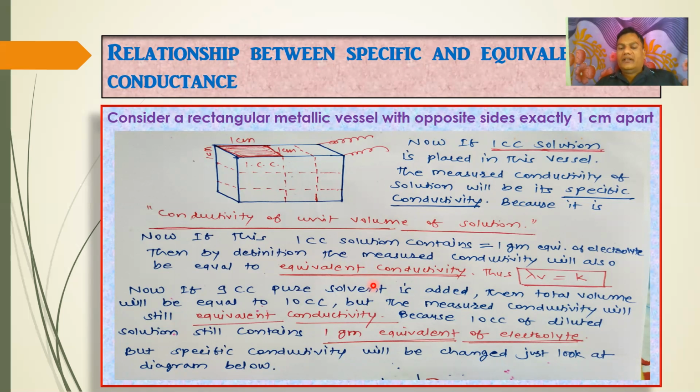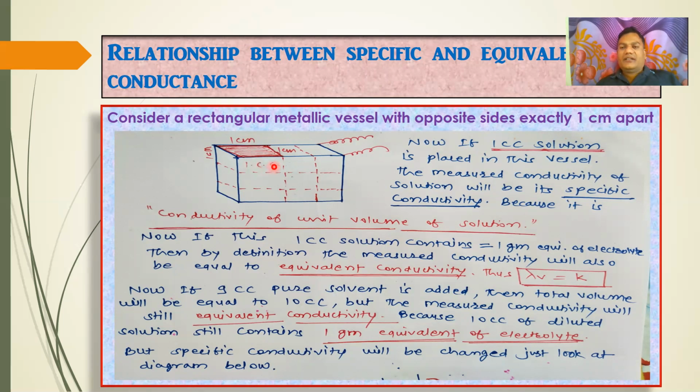Because in the last slide we described equivalent conductance, that is, the conductance of solution in which 1 gram equivalent of electrolyte is dissolved. जर का या 1 cc सोल्युशन मध्ये 1 ग्रॅम इक्विव्हॅलंट इलेक्ट्रोलाइट डिझॉल्व्ह झालेले असेल तर त्याच्या कंडक्टिव्हिटीला आपण इक्विव्हॅलंट कंडक्टिव्हिटी म्हणतो. म्हणजेच आता या केसमध्ये इक्विव्हॅलंट कंडक्टिव्हिटी आणि स्पेसिफिक कंडक्टिव्हिटी सेम आहेत.